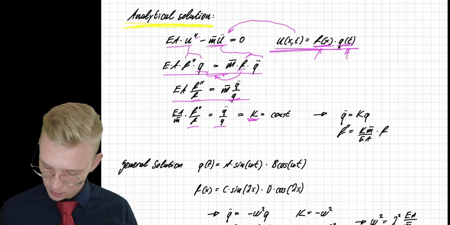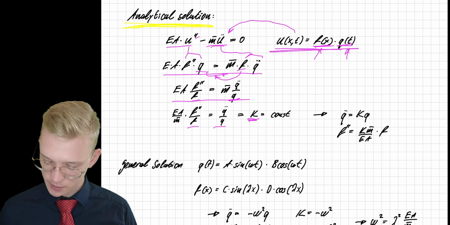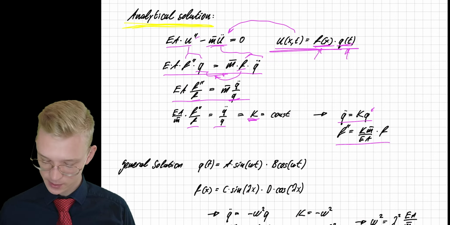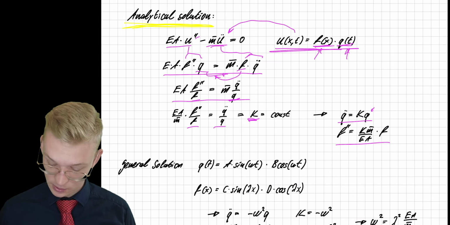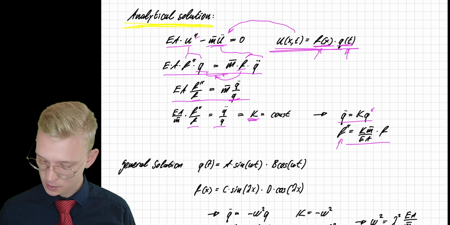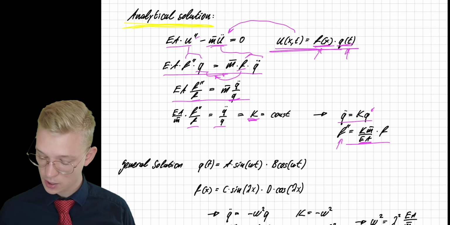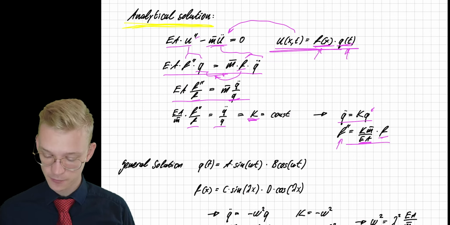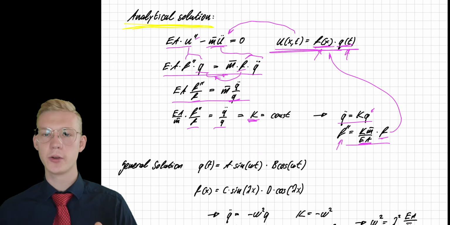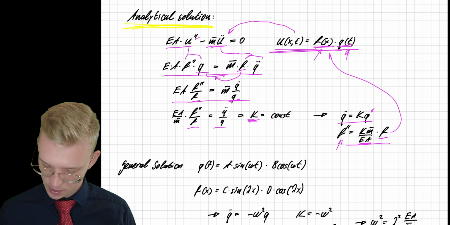So from that, we can just reformulate our system, and we see that q double dot is q times our normal q, and for the function in space, the space derivative, so dash dash is the space derivative, it's km divided by Young's modulus times area times our space function. This is this one right here. So it's just a simple reformulation to get to this part.